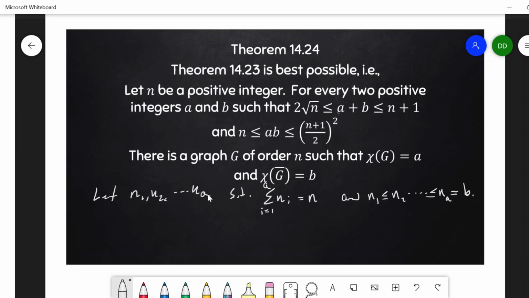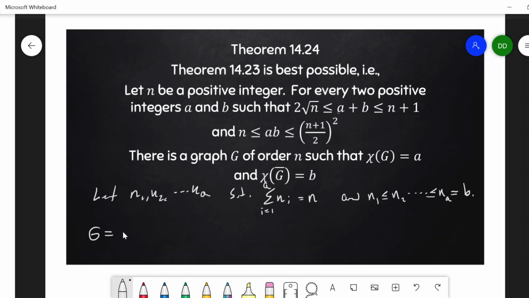So we choose b as our highest number in this list. We have a numbers. Now, this is possible to do because a and b satisfy these bounds.